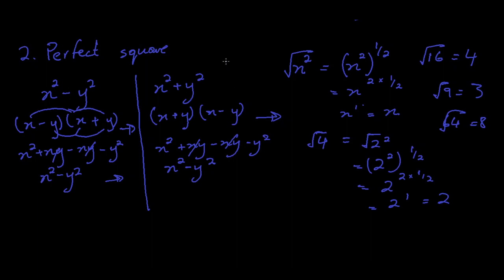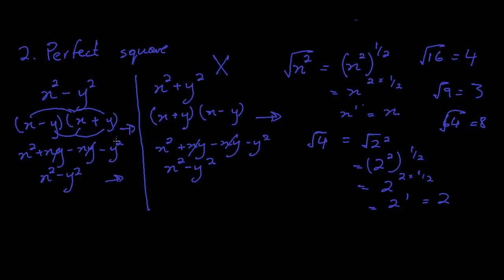Which shows us that if the conditions are not met, then you cannot use the perfect square rule here. Since this was a plus, you are not going to factorize it, you're going to leave it as it is. You only use the perfect square when the terms involved are perfect squares and also one of the terms is a negative.